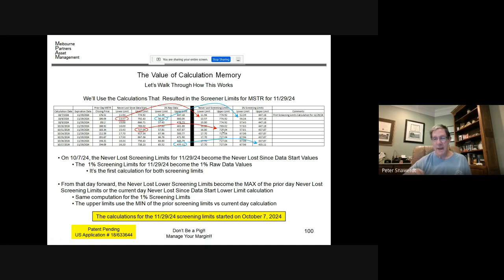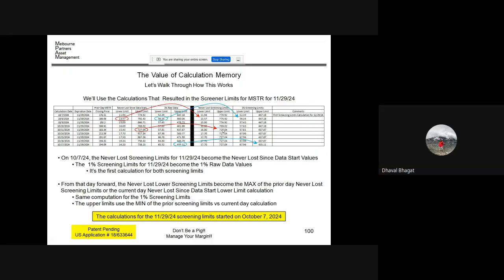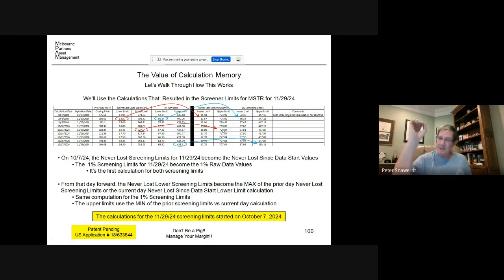How do I determine what my odds are for never lost? Remember, never lost does not imply will never lose. It just says I have never lost before in the past, since the inception date.